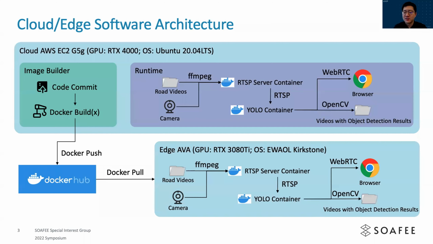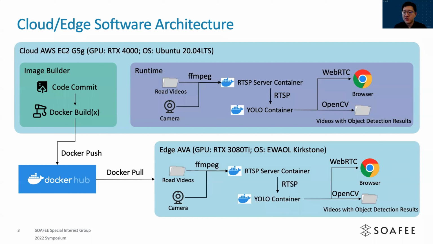In the edge side, we use AVA platform, which also has ARM-based CPU, and we manually plug in NVIDIA GPU GeForce RTX 3080 Ti. Therefore, the cloud and the edge sides have the parity environment. Both run OS on ARM-based CPU and the NVIDIA GPU.